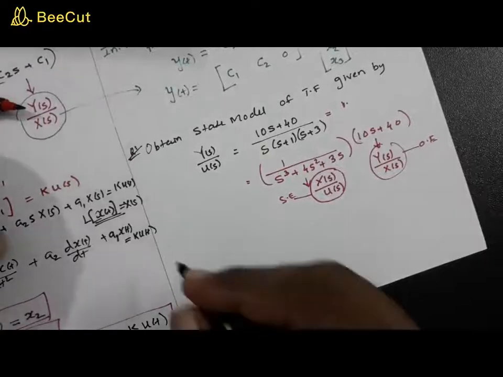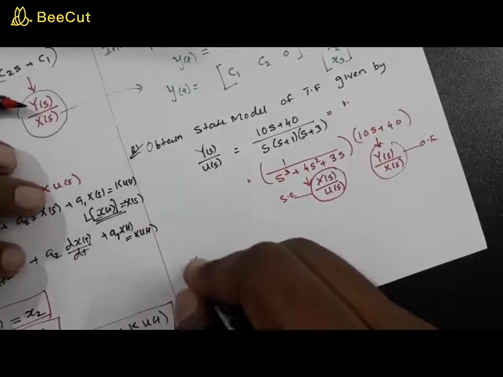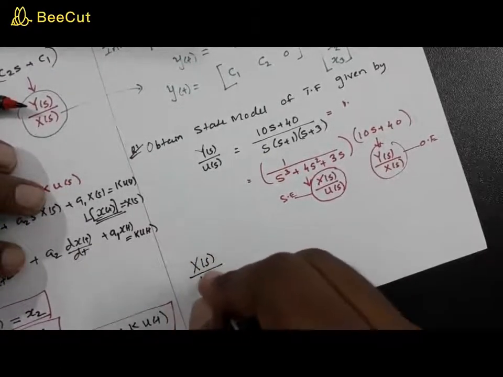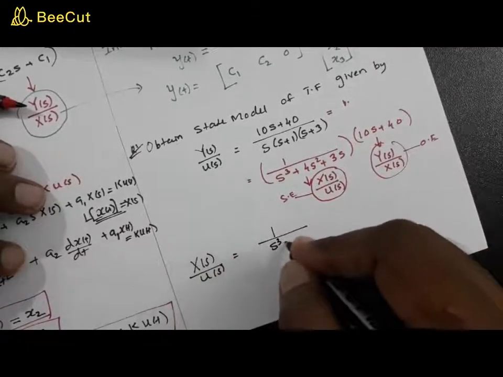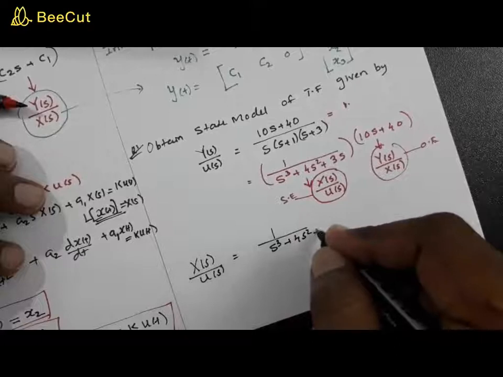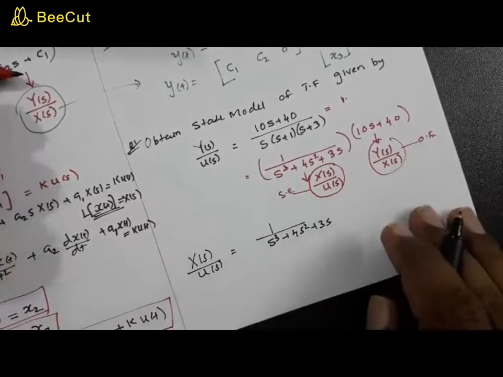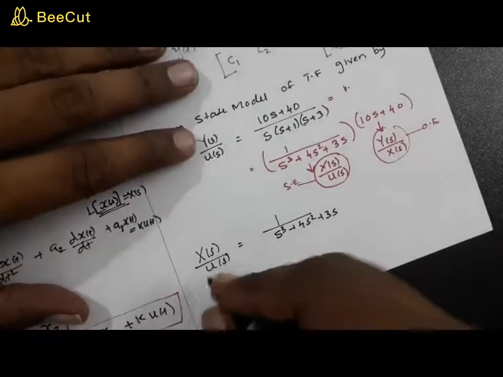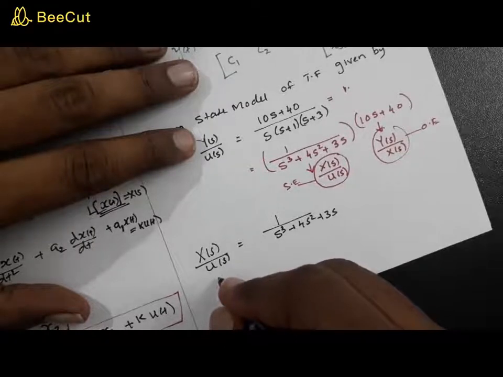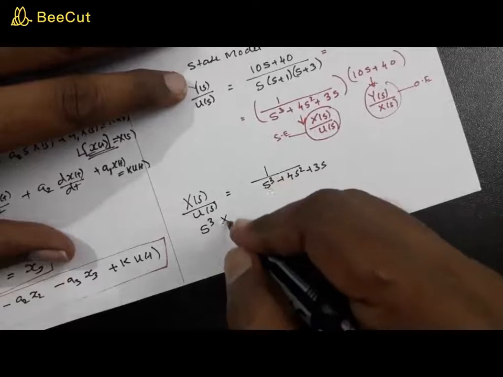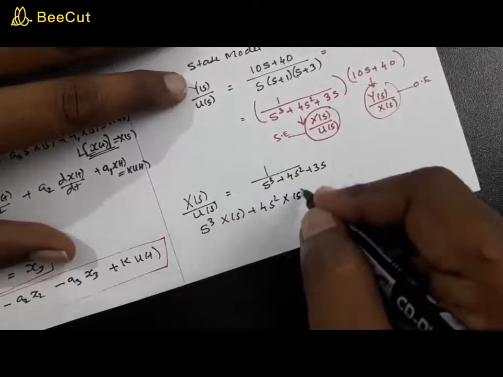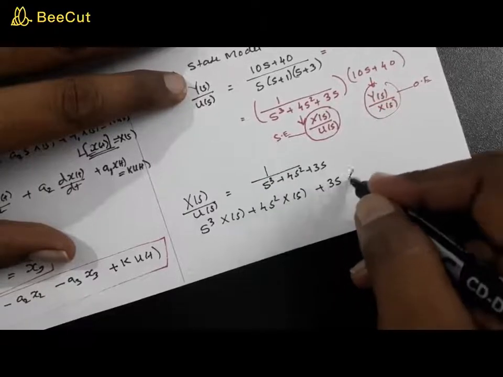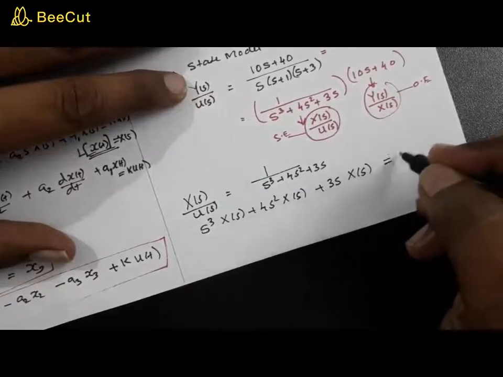Let's start with X(s) to U(s). X(s) by U(s) is equal to 1 by s cube plus 4s square plus 3s, or s cube X(s) plus 4s square X(s) plus 3s X(s) is equal to U(s).